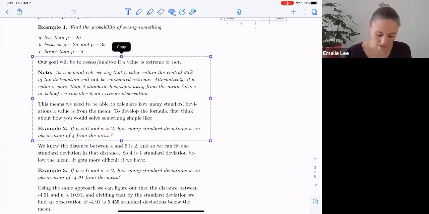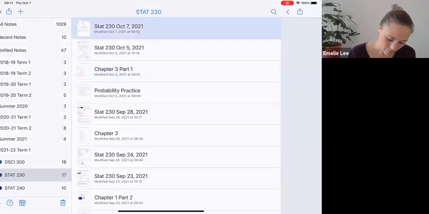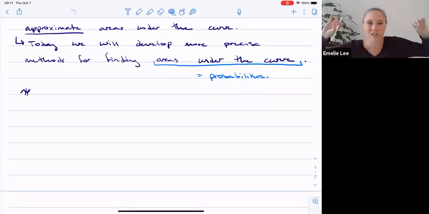Our goal is going to be to see if something is going to be extreme or not. So in statistics, we're always concerned with these extreme values, which means, are they out in the tails, right? We're always concerned with the tail, and we've seen that before, right?